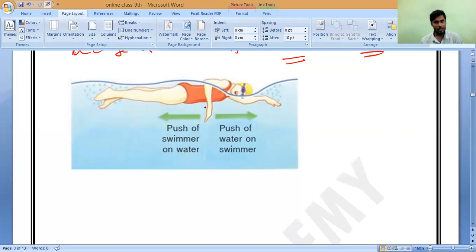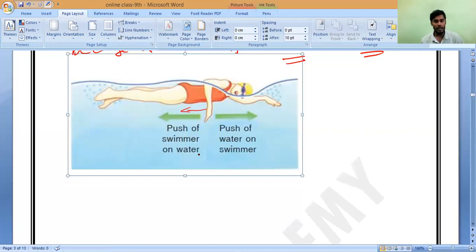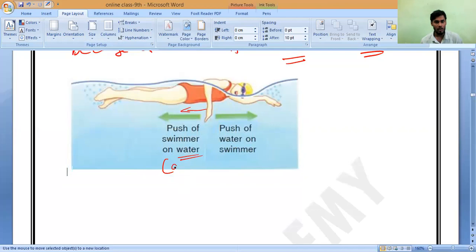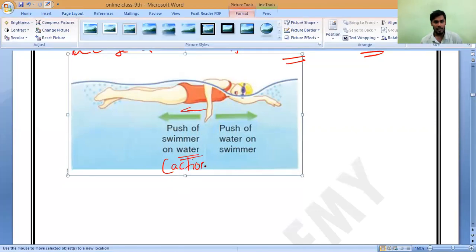She is pushing the water. She is trying to push the water in a backward direction, and this is what we should call the action. See, she is pushing off the water, in this backward direction. So that is what we call the action.